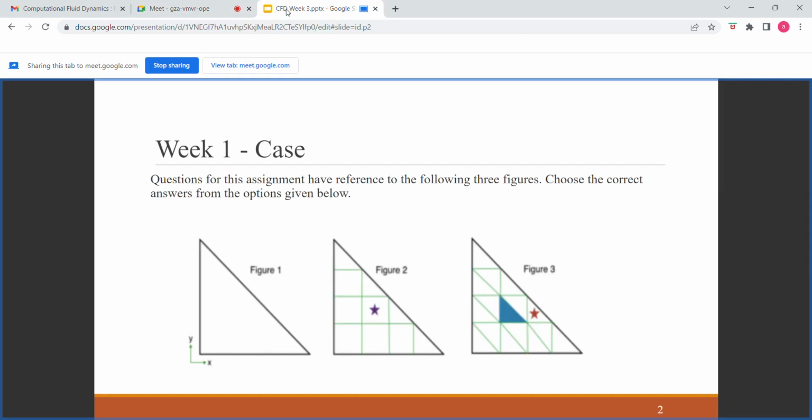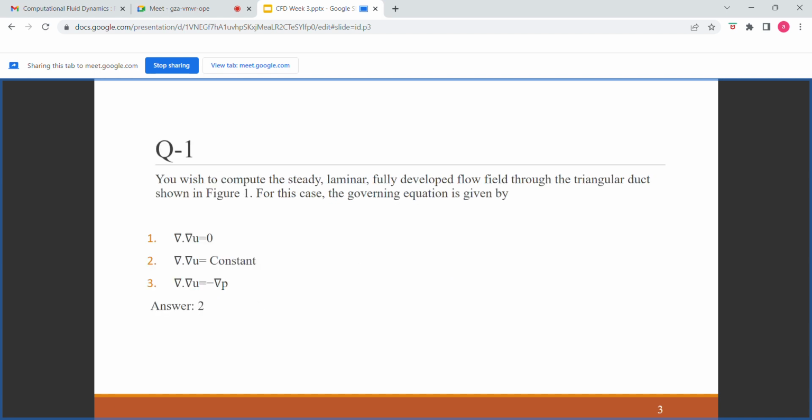So, let us quickly go through what all the concepts we saw today. The first one we saw is flow through a triangular duct. Based on that, we have solved a few problems. The different sets of discretization schemes are given in three different figures, and based on that we have seen problems.